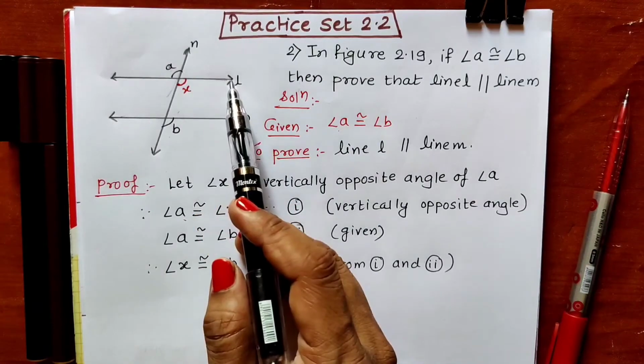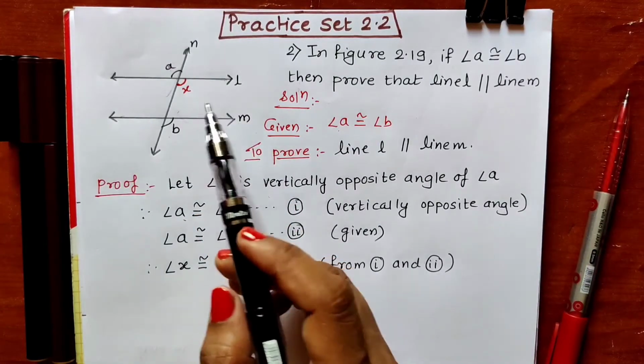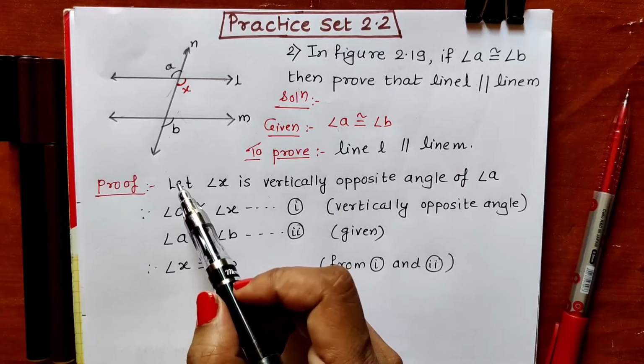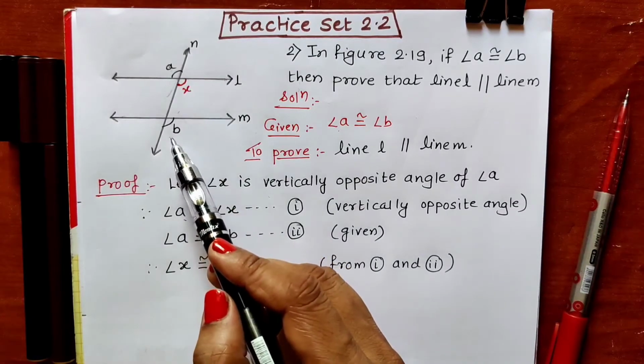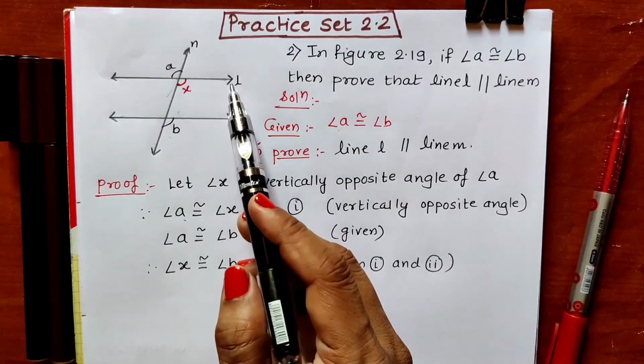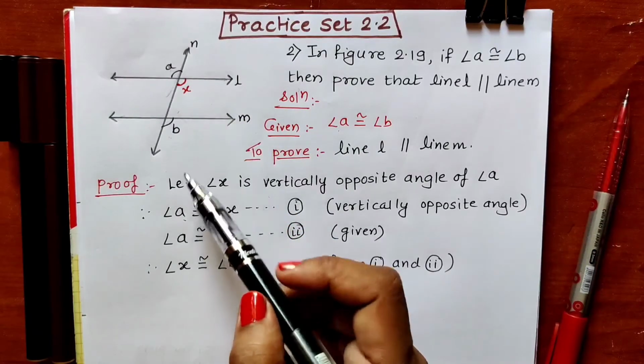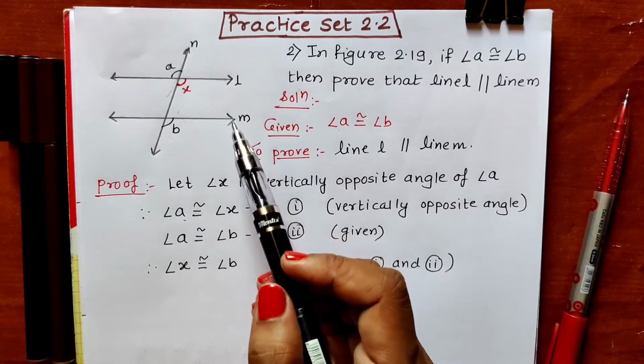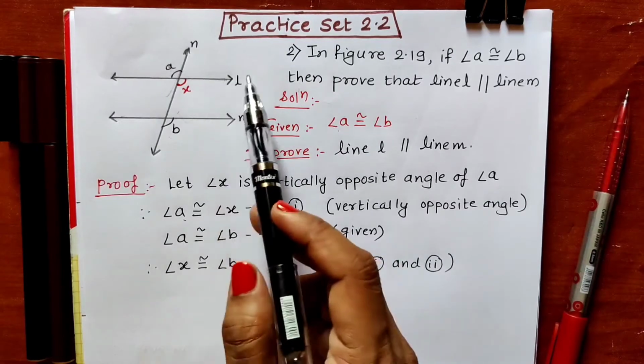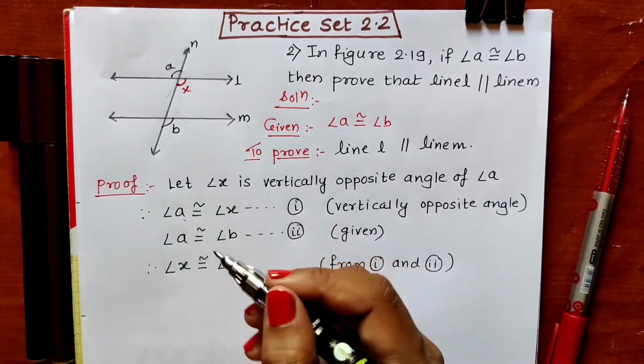This angle is on line L, this angle is on line M. Such types of angles are known as corresponding angles. And when the corresponding angles are congruent, that means the lines on which they are formed are parallel to each other. They are formed on line L and line M, and that's why these two lines are parallel to each other.